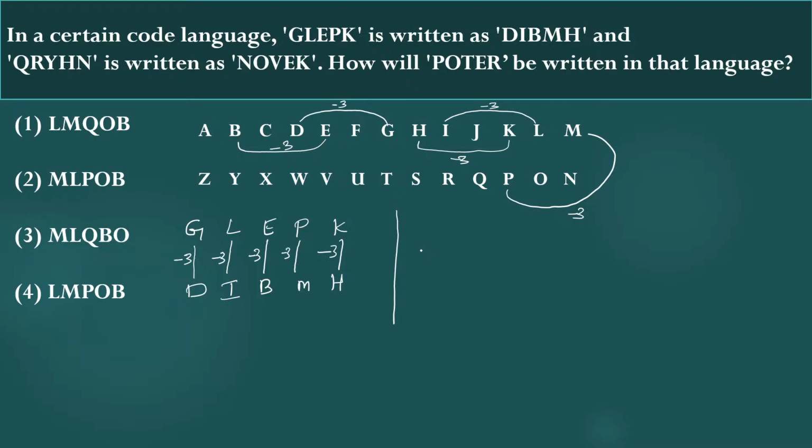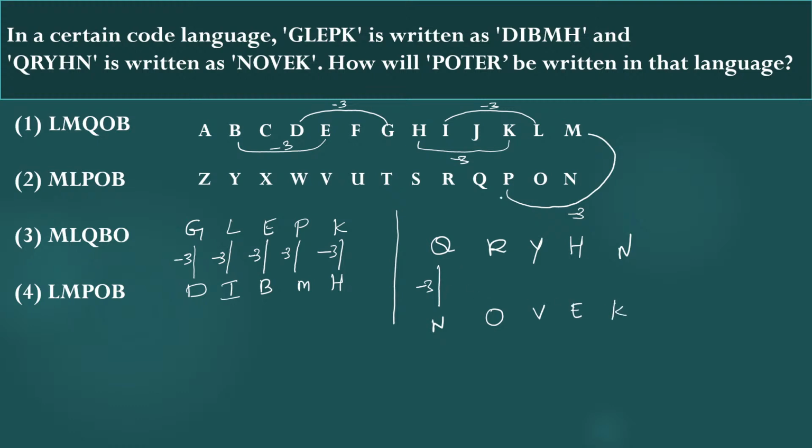See the next word: Q, R, Y, H, N. Q -3, they wrote in the language NOVEK.